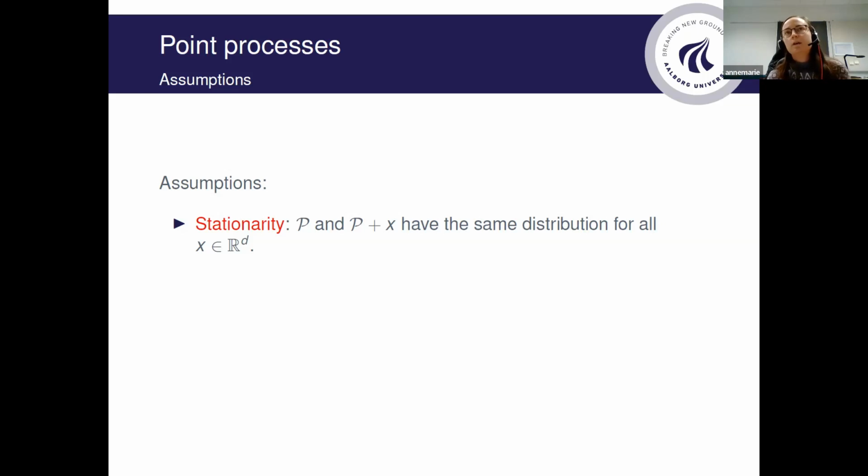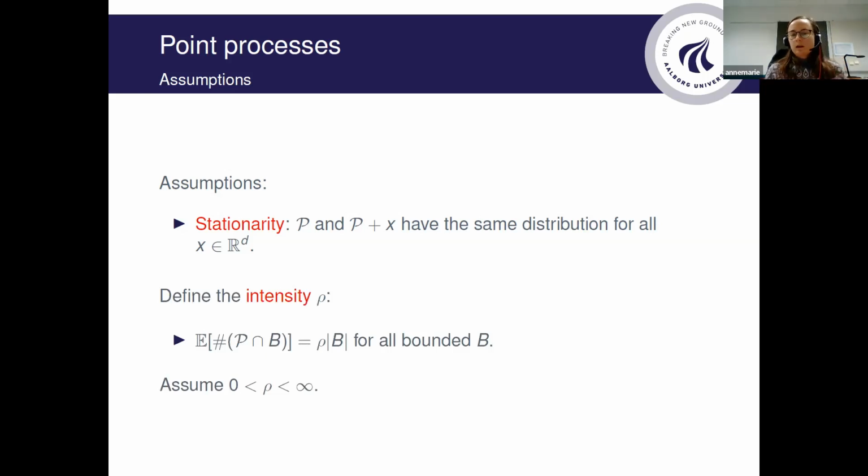So for instance, if you think of the particles in a gas, it seems like a reasonable assumption that it looks the same everywhere in space. But for other things, for instance, if the points mark disease cases, then it's likely that there will be more cases in highly populated areas. So the distribution will not look the same everywhere in space. So in that case, stationarity is not a good model. But it will be the assumption throughout this talk.